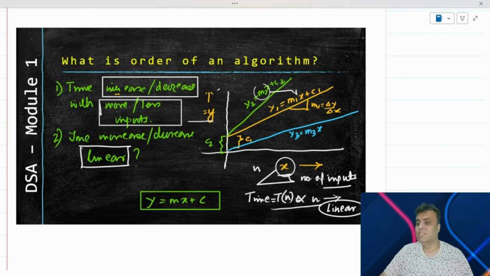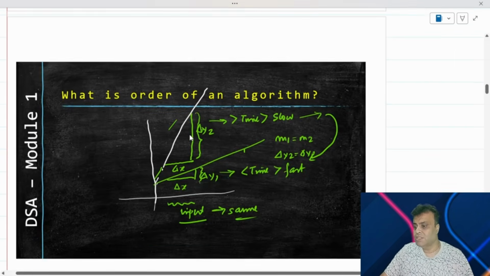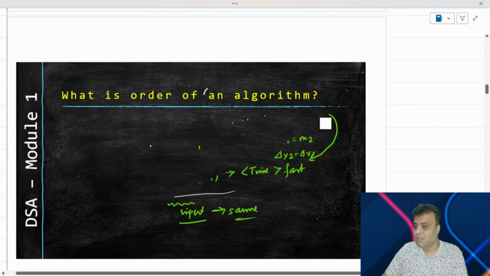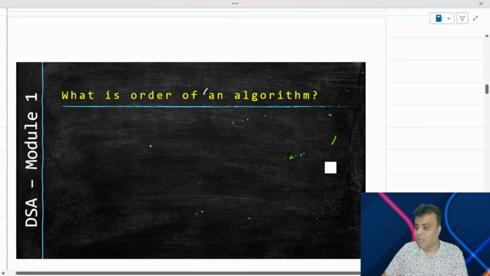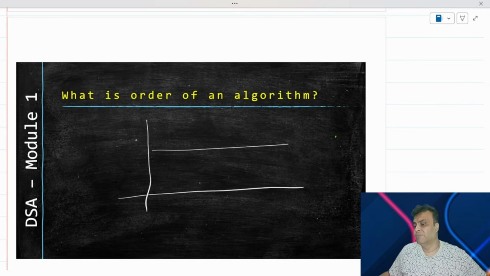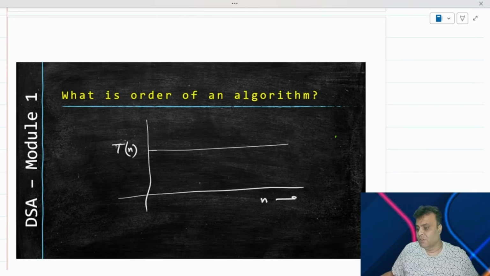Now, if you understand this, then I'm sure you can understand that if we take a particular algorithm which executes itself in a constant amount of time, in this particular algorithm, we have Tn, and with Tn, we have the number of inputs here, and we are saying that this is executing in a constant amount of time.